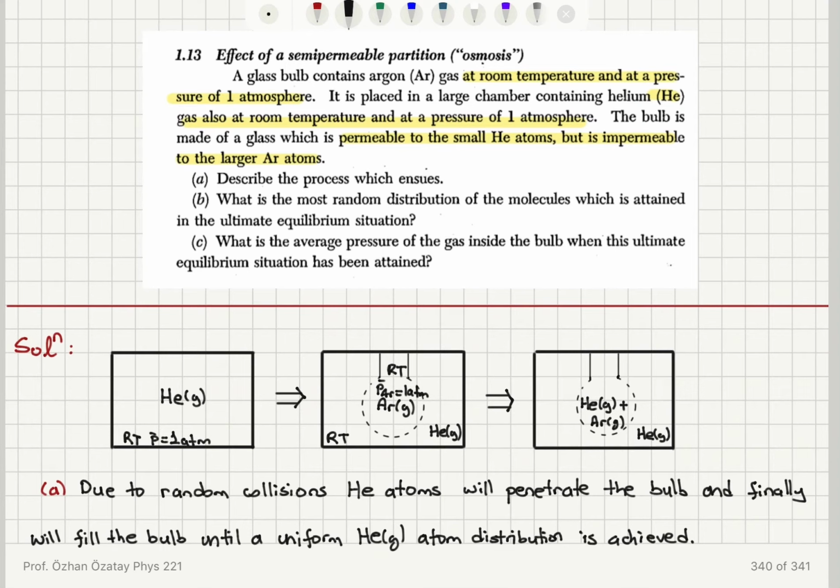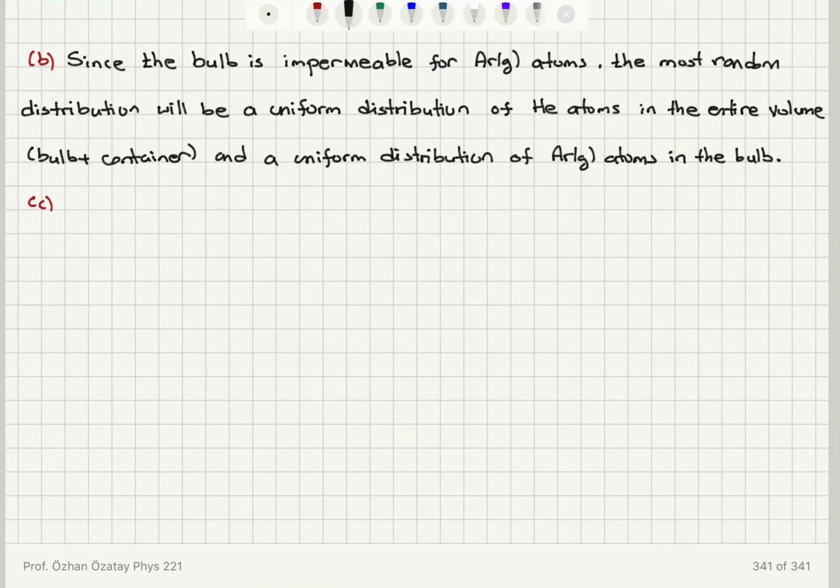What is the average pressure of the gas inside the bulb when this ultimate equilibrium situation has been obtained? So I would like to note that we see in the problem statement both gases were at room temperature. So we have thermal equilibrium between the gases.